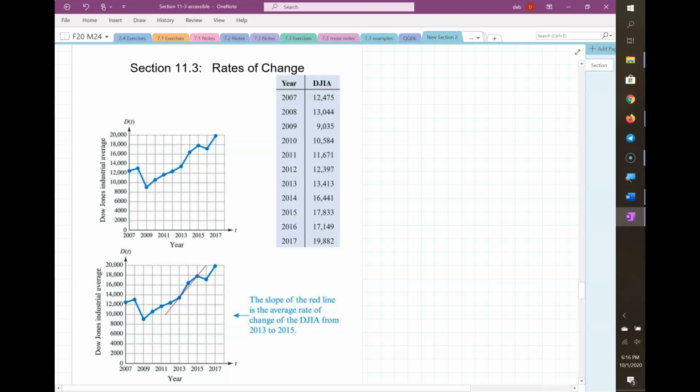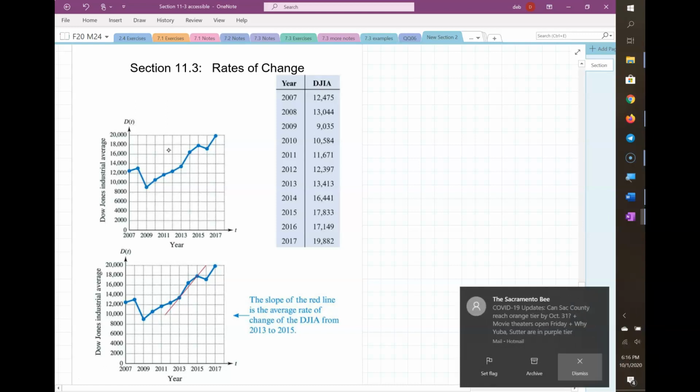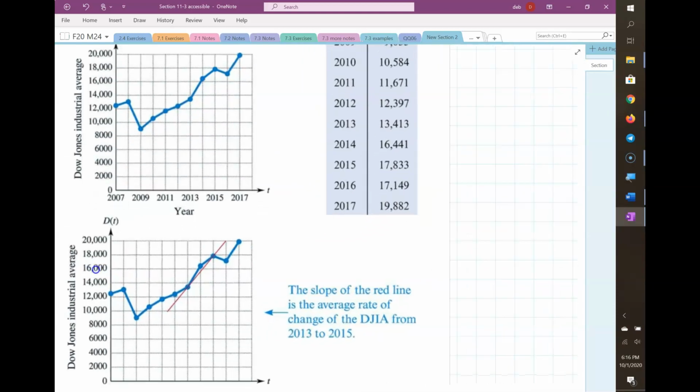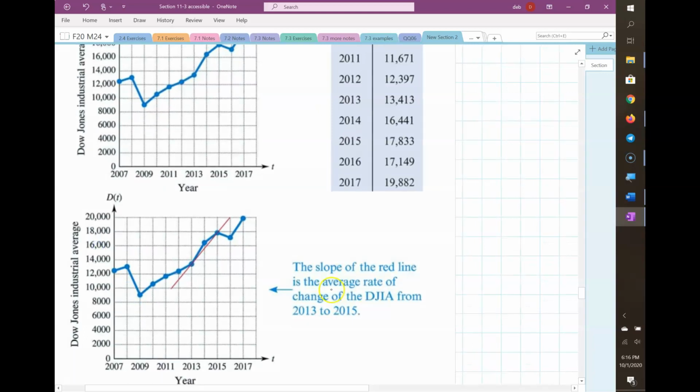These graphs, the first one is just the graph of the Dow Jones Industrial Average over time. Then the second one is the one we're going to look at where we're going to actually answer a question about it. It says the slope of the red line is the average rate of change of the Dow Jones Industrial Average from 2013 to 2015.